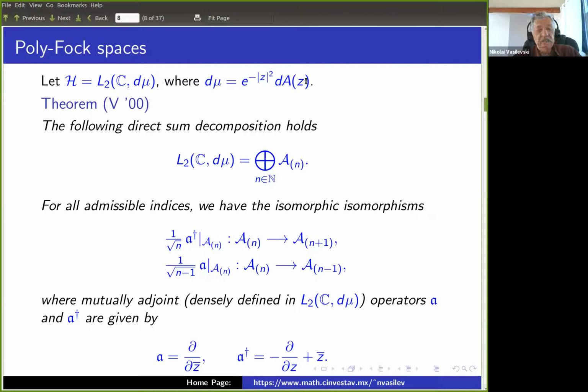And we have again a certain operator which moves up and down true polyanalytic spaces. These are operators A dagger and A. They are mutually adjoint, densely defined in L2 with Gaussian measure, and are given by this formula. A is just the derivative with respect to Z bar, and A dagger is a combination of multiplication by Z bar and the derivative with respect to Z.